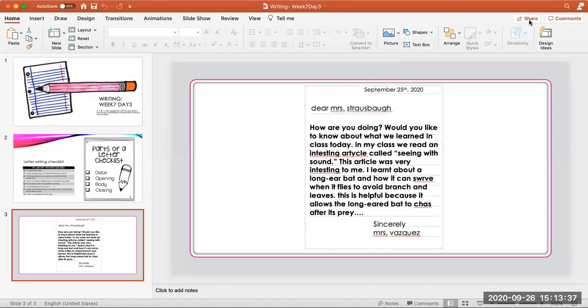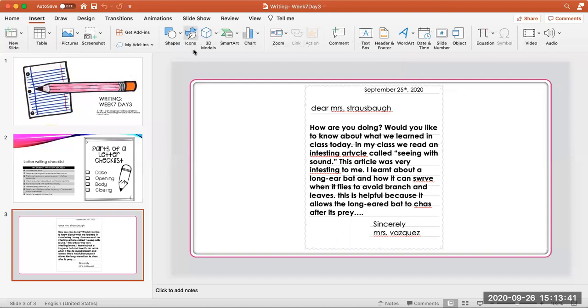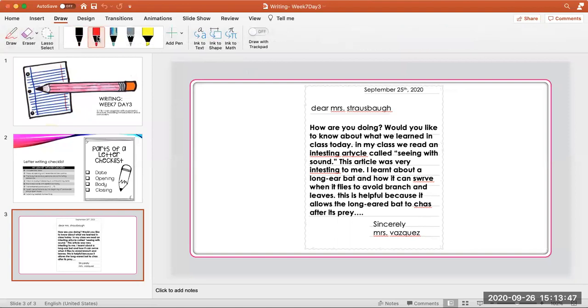Now, I'm looking at this and rereading it and I was like, oh my goodness, I'm really not sure if I did things right. So what I'm going to do is, if there is something that I don't know if I spelled correctly, I'm going to circle it so I can come back. I don't know if I spelled Mrs. Strasbaugh's name right.